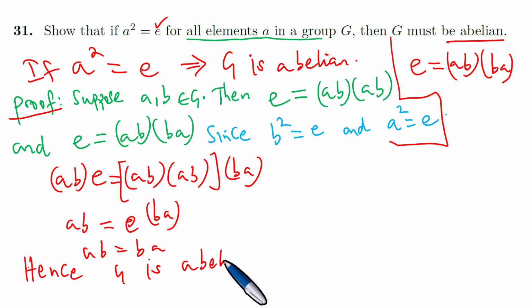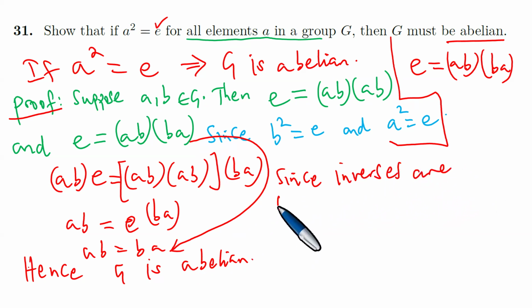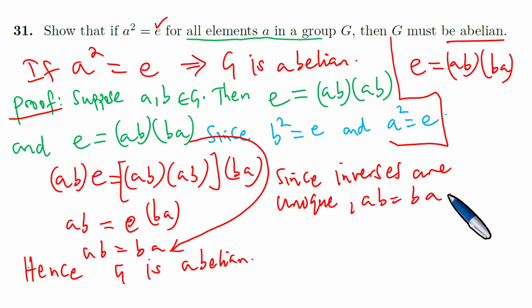And from the fact that AB is BA, we can say hence G is abelian. You see, this is a very nice way to do it, and furthermore it is anchored by the fact that since inverses are unique in every group, the motion from this step to this step elaborates on the fact that since inverses are unique, AB is BA.